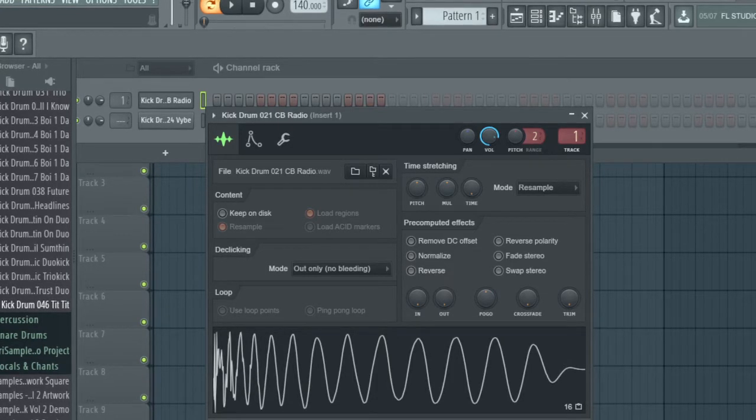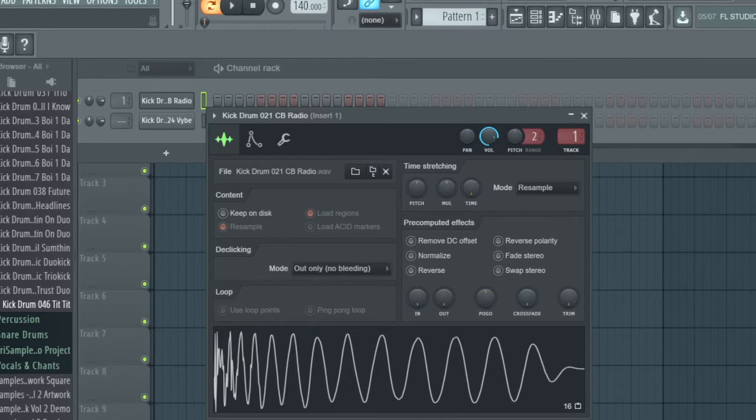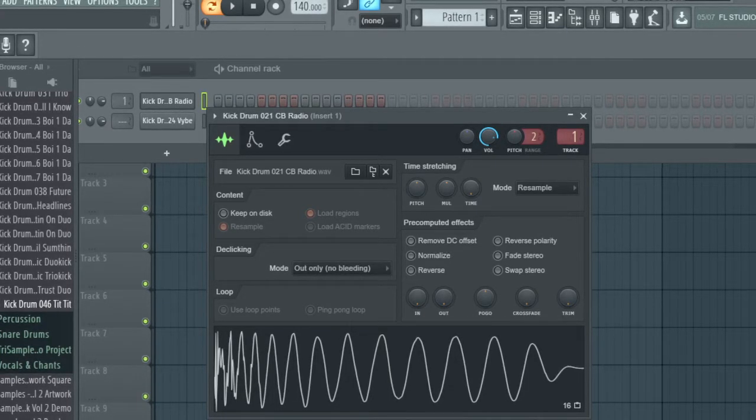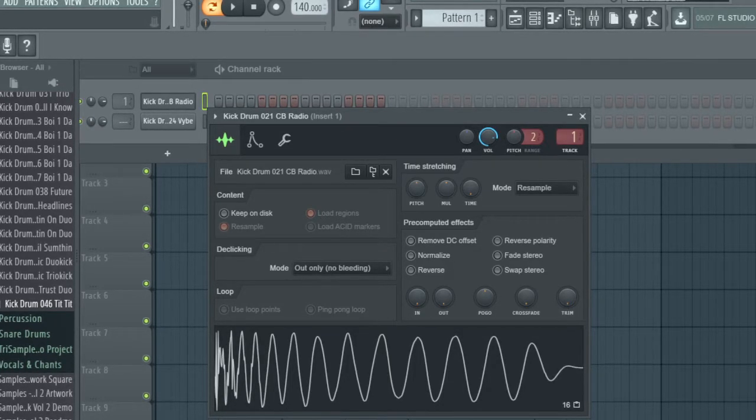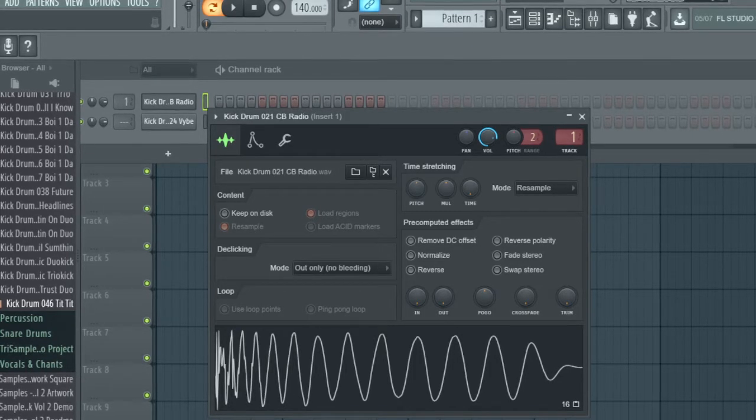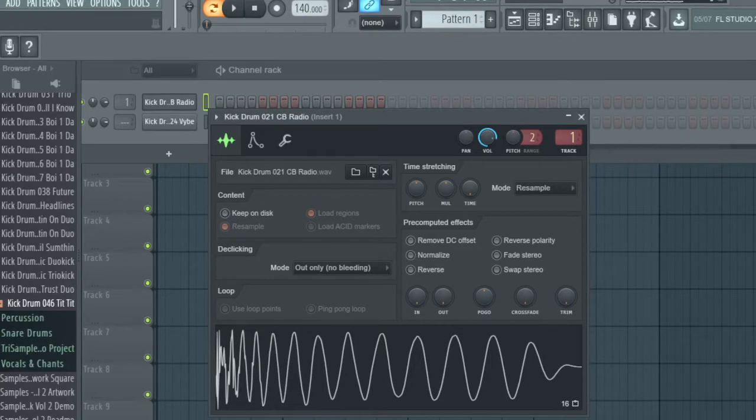Let's say you have a kick drum, and you were to transform it and manipulate it to make it sound longer. The sound wave would look way bigger, like it is longer in length, which would cause it to not have that kick that you're used to hearing in music.